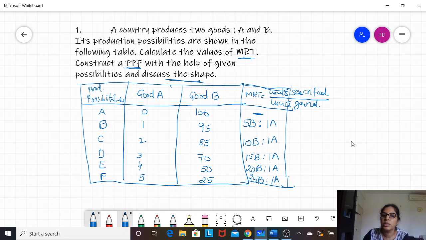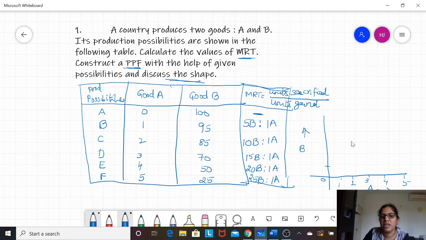So what you can do is, you are not taking any graph paper, you are just taking a representative graph. You just take good A here on the x-axis, good B here. You can take the scale from 0, 1, 2, 3, 4, 5. You see here good B is starting from 25 to 100.